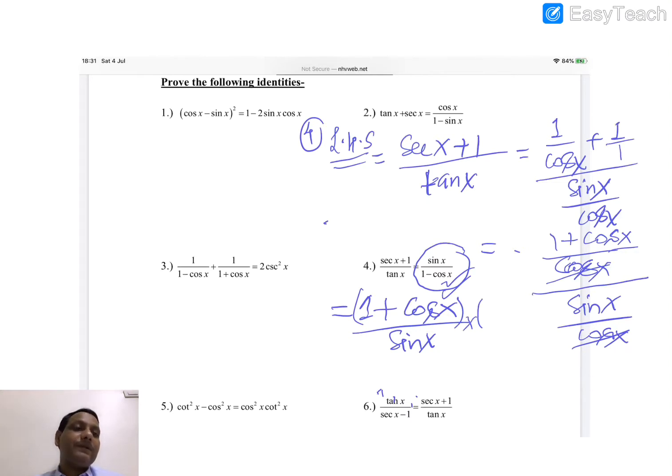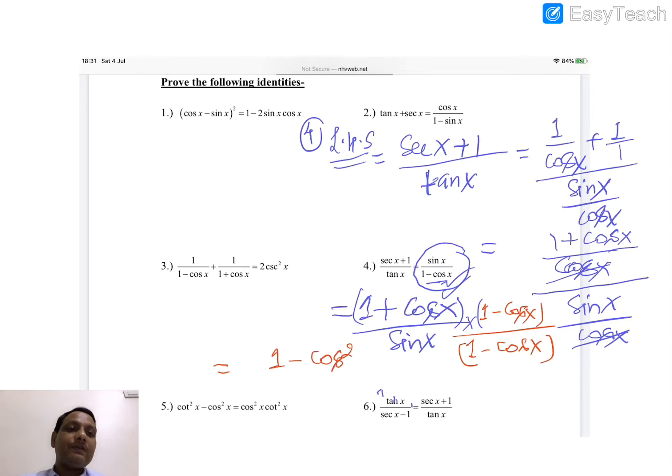So I will multiply here by 1 minus cos x, and the denominator also 1 minus cos x. So practically we are going to get here 1 plus cos x times 1 minus cos x. As you all know, sum and difference formula, from that we are going to get 1 minus cos square x divided by sin x over 1 minus cos x.